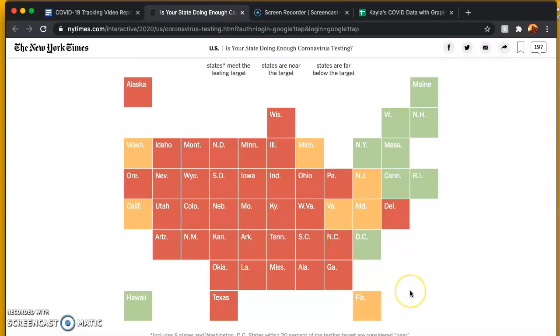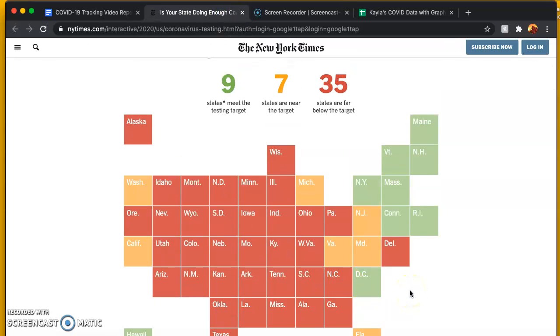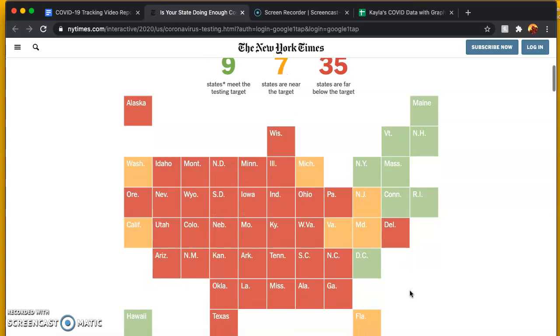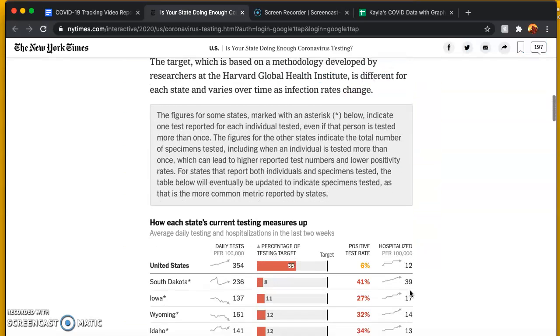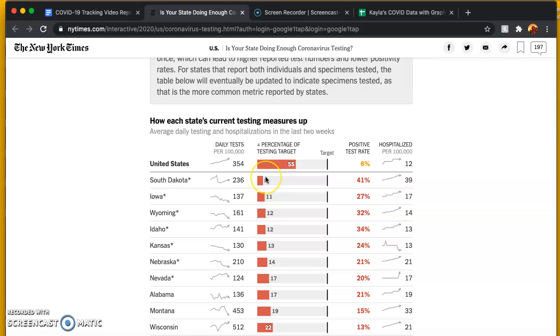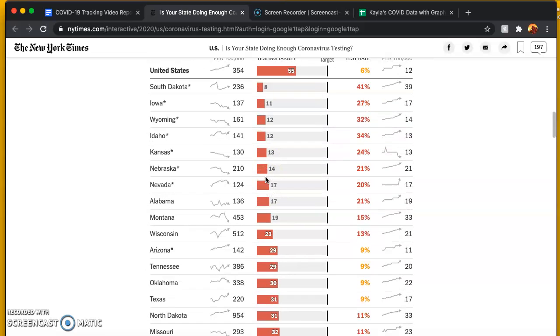So, we're part of the 35 states that's not reaching the target. Not only are we part of it, we are the one that has the least. We're definitely not reaching it. We have like 92% if we're gonna reach the goal.